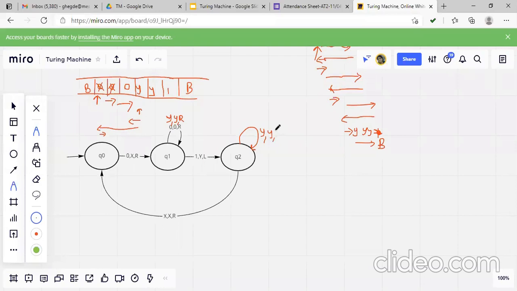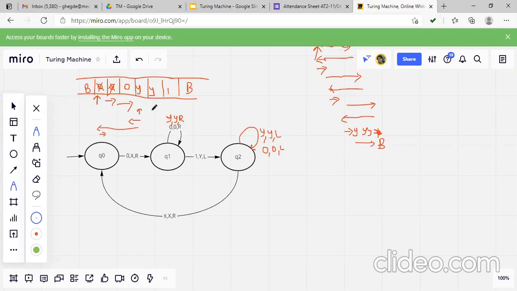We are moving left in search of x. ये y मिला, keep it as it is. 0 मिला, उसको भी वैसे ही रखना है, right? And move left till we get a x.